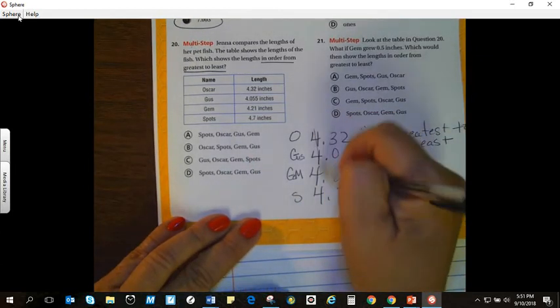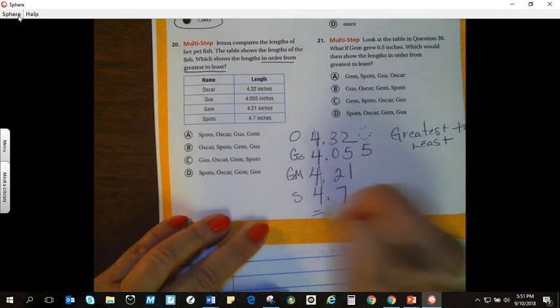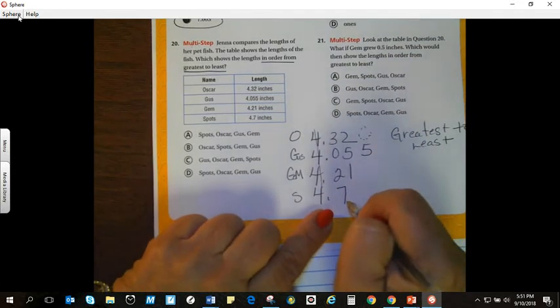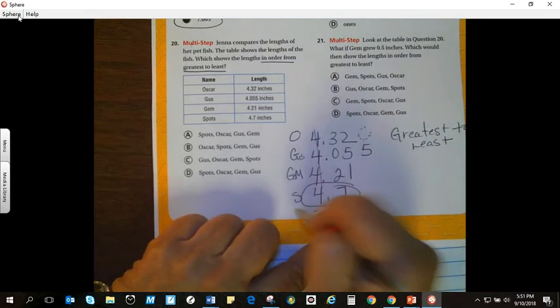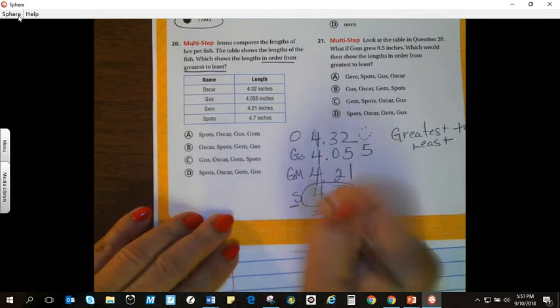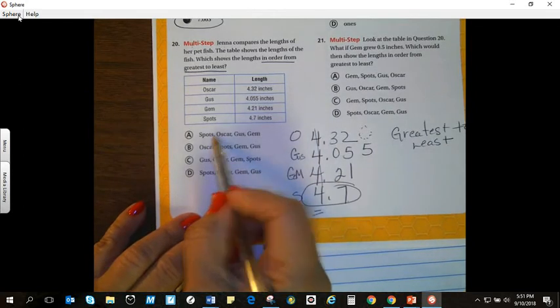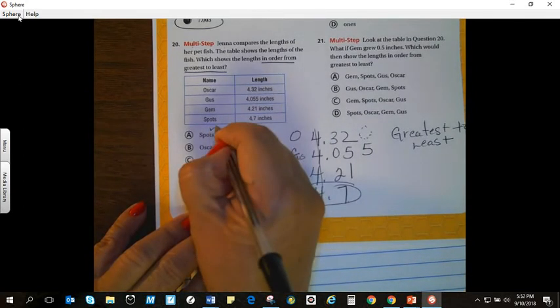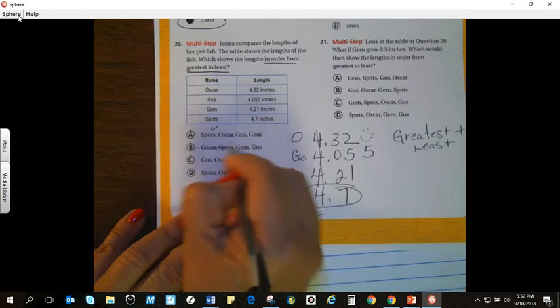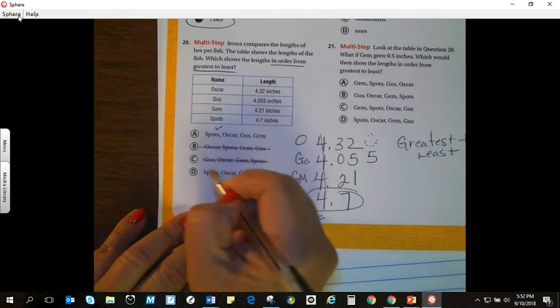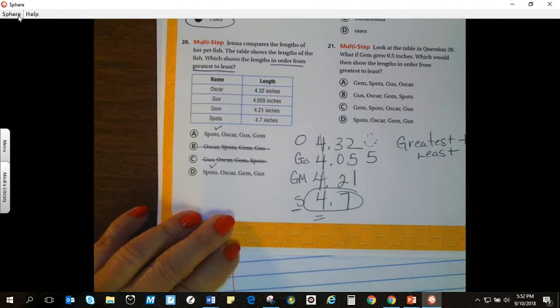All right, so I'm looking for my largest number. So my 4s are all the same. Those are equal. Well, look at here. I have 4 7/10ths, which is going to be first number, and it's going to be Spots. I'm going to look for see who's got Spots. So this could be a possibility. Oscar, nope. Gus, nope. Spots here. Okay, so I have 2 choices.